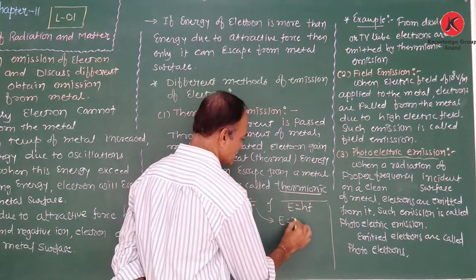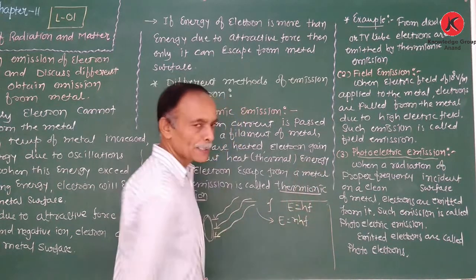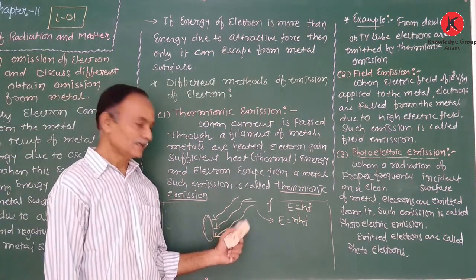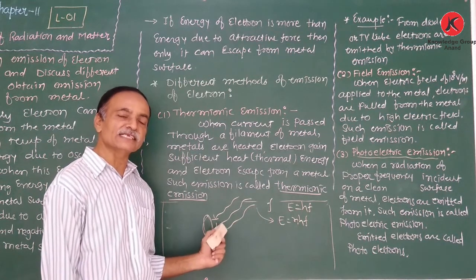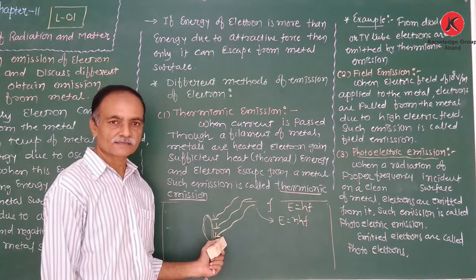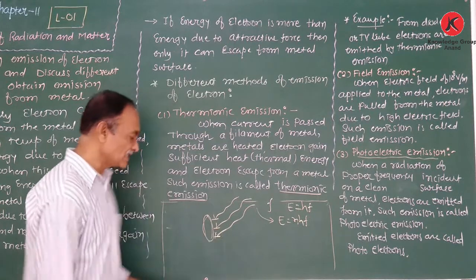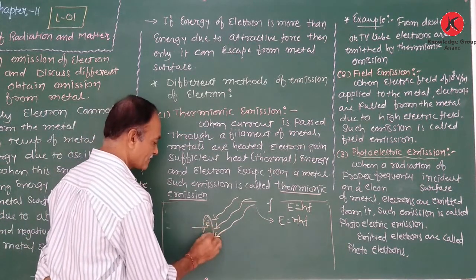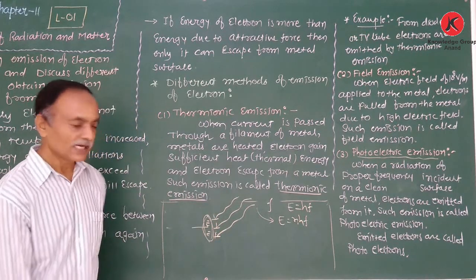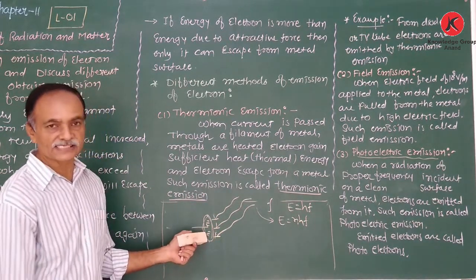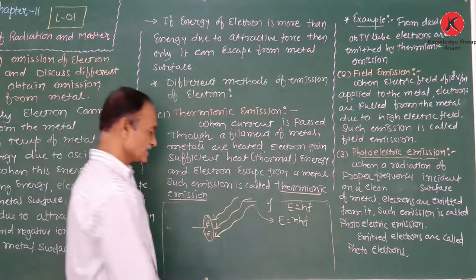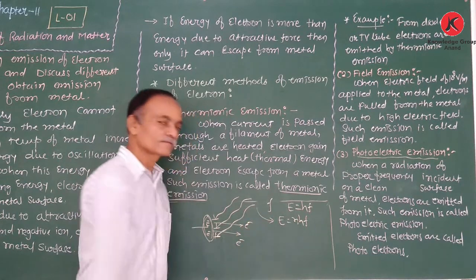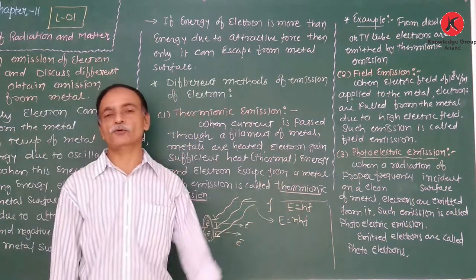Therefore, total energy is equal to Nhf. We incident the light, that means the energy is incident on a metallic surface. Therefore, the electrons on this metal gain the energy. And when the energy of this electron is more than its binding energy, this electron starts to be emitted from this metal. And this phenomenon is known as the photoelectric emission.